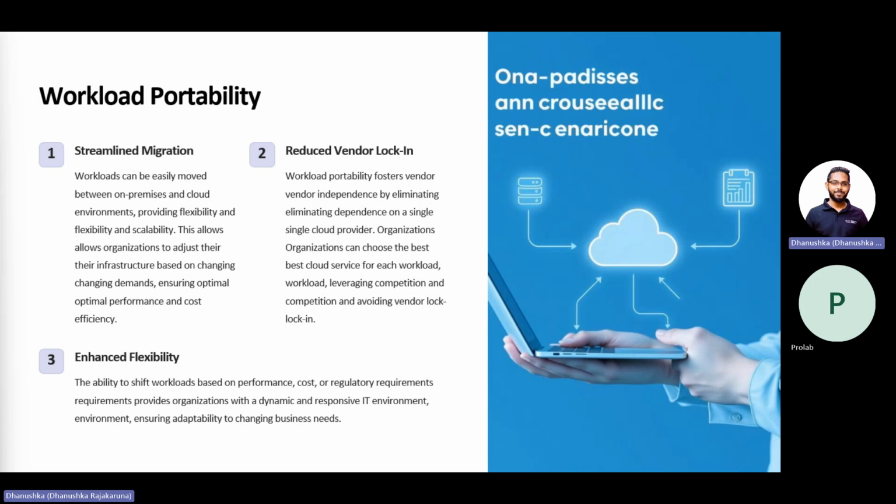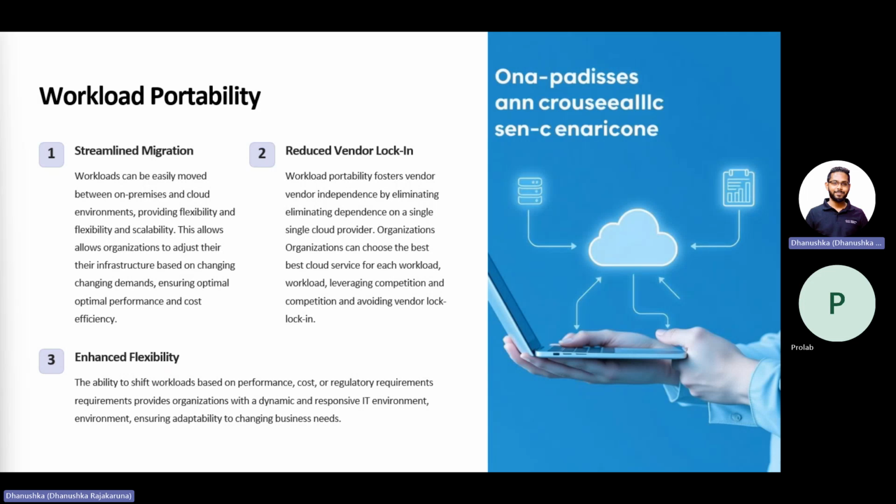Use cases will be disaster recovery, replicating workloads across clouds to enable rapid failover and resilience, bursting for peak demands, and optimization of geographical distribution, like deploying workloads closer to the end user by leveraging multiple cloud regions.